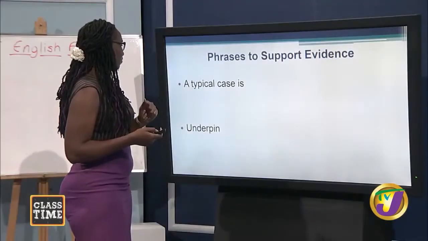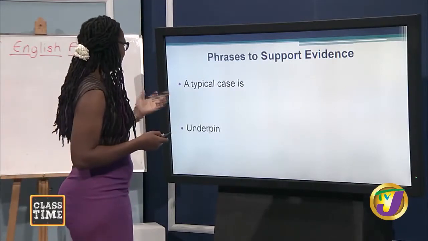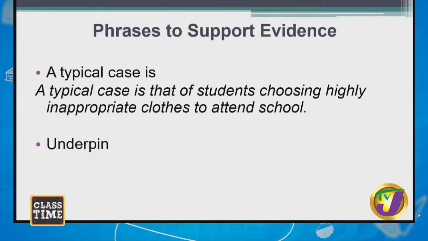So here we have another phrase. A typical case is, and we have our word underpin. How could you use a typical case is to support evidence? How could you use underpin? Let's look. A typical case is that of students choosing highly inappropriate clothes to attend school.